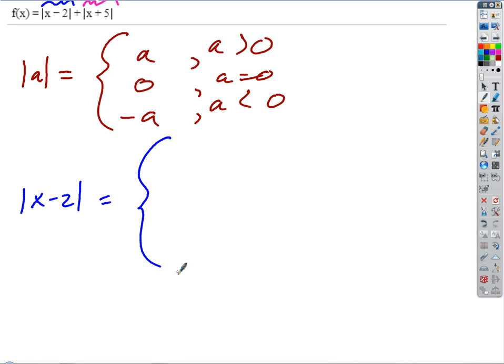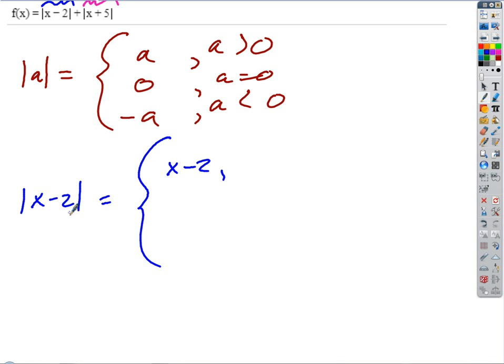Talk to me about that. If I want to write that as a piecewise function, what's it going to look like? The absolute value of x minus 2 would be just plain old x minus 2 when? In this case, A is represented by x minus 2, right?